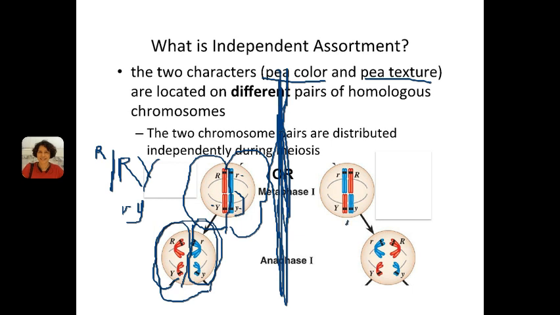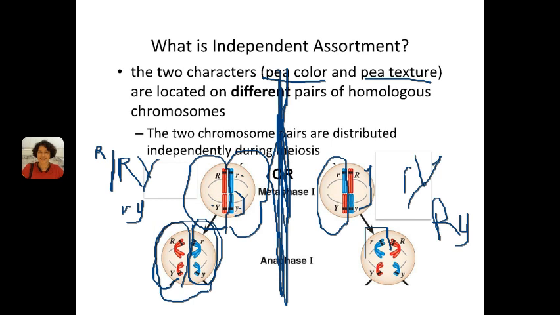So if you look down the line here in metaphase, you have the chromosome with the little r and the big Y segregating together, and the chromosome with the big R and the little y segregating together. And that's going to give us daughter cells. One of them is going to have the little r and the big Y together, and the other one is going to have the big R and the little y together.